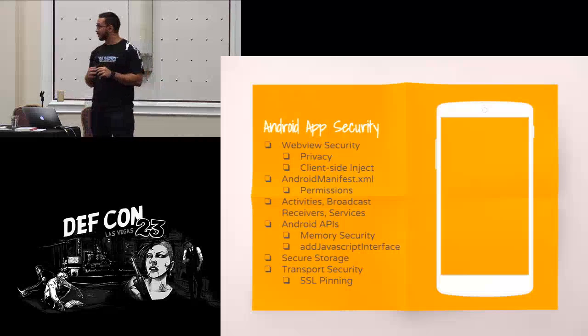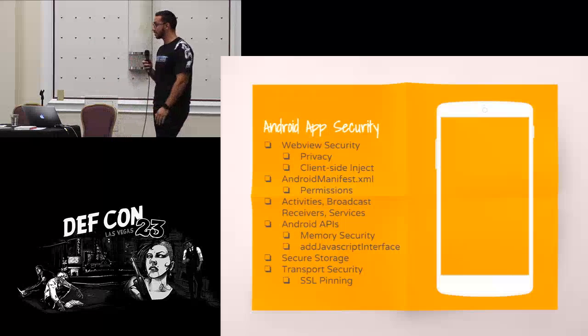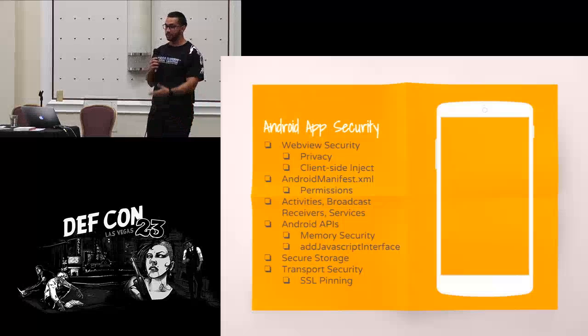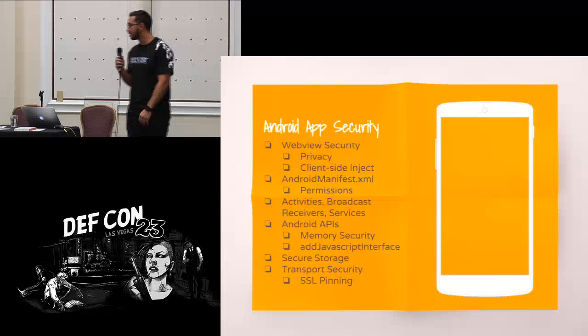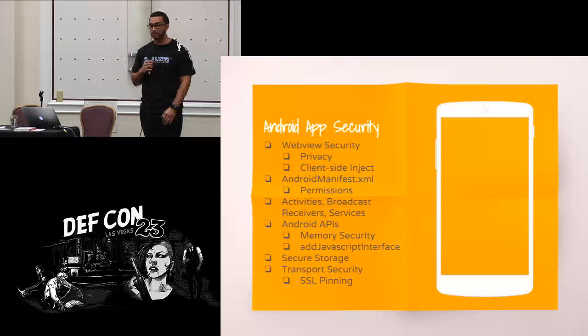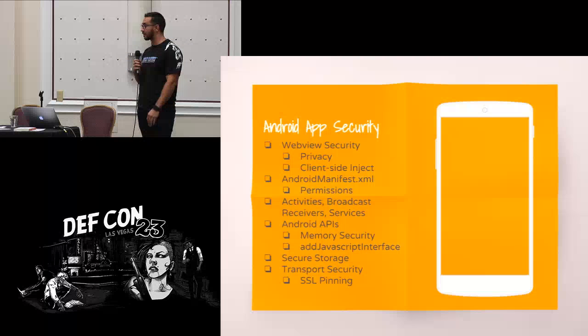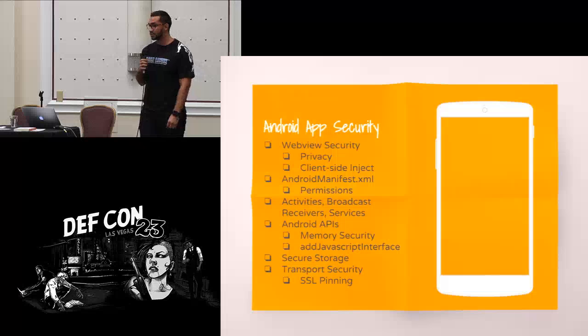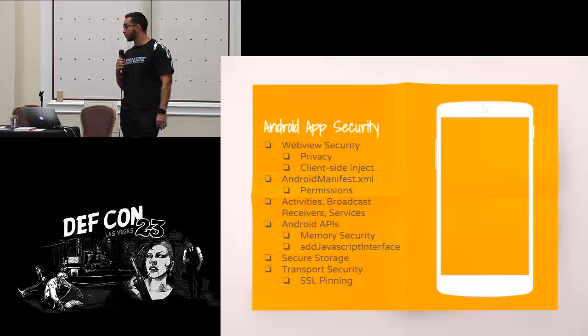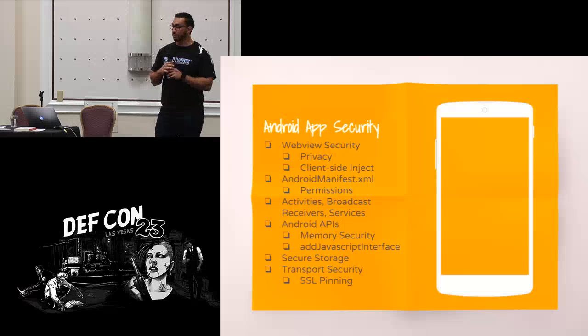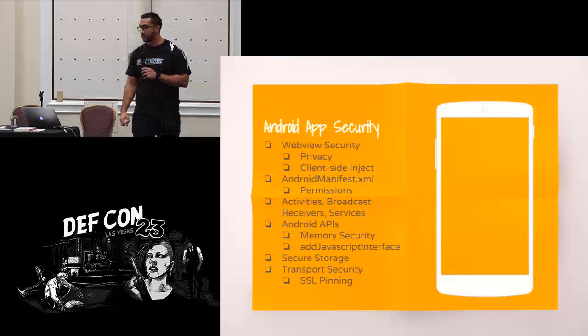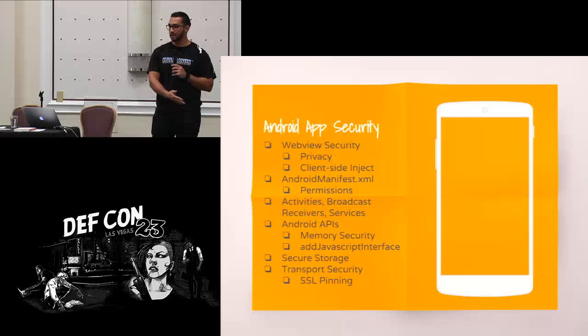You have Android app security with WebView. You have privacy issues, client-side injections, cross-site scripting, SQL injections, the same thing as web. Specific permission issues, asking for too many permissions. I'll get through a couple slides later demonstrating that with one app specifically. You have specific activities, broadcast receivers, services that are only on Android and not on anything else, like iOS. iOS does not have those types of functions.